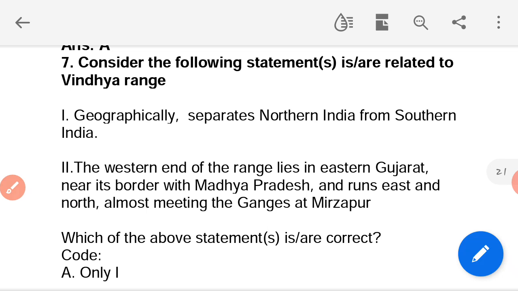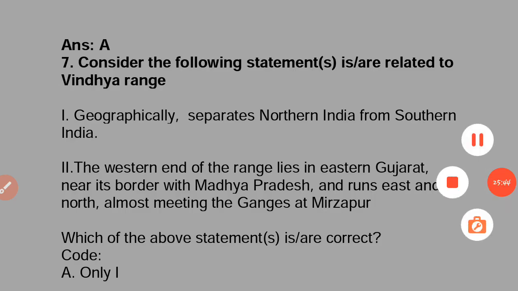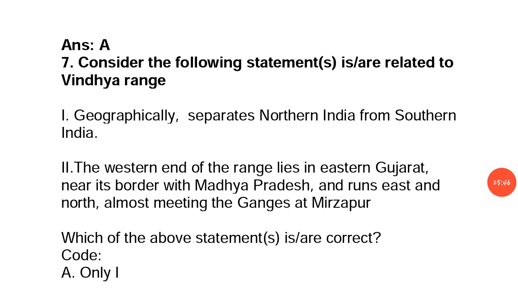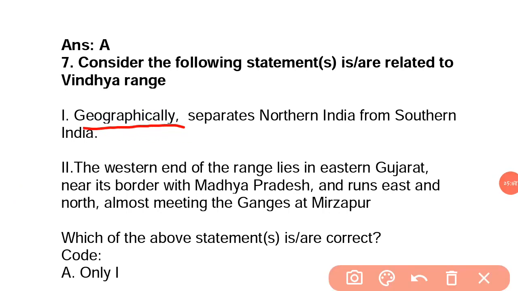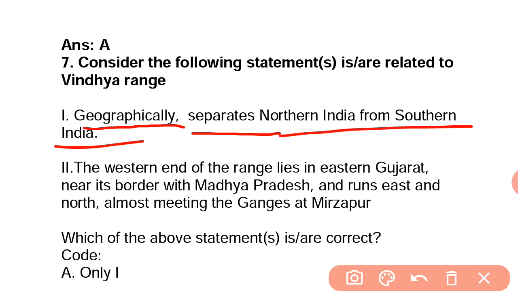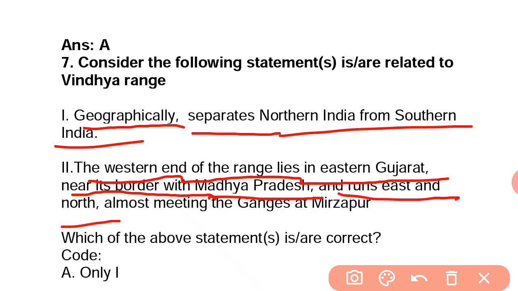Consider the following statements related to the Vindhya range. I. It geographically separates North India from South India. II. The western end of the range lies in Gujarat, near its border with Madhya Pradesh, and runs east and north, almost meeting the Ganga in Mirzapur.